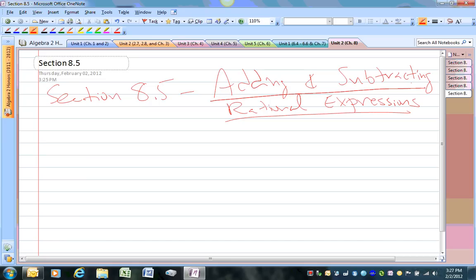This is a little different than what we did last time, because last time we did multiplying and dividing rational expressions. And those weren't too bad. It was just a lot of factoring, crossing stuff out. This is going to be a little bit trickier. Before we start, as a warm-up, here's what I'd like you guys to do.